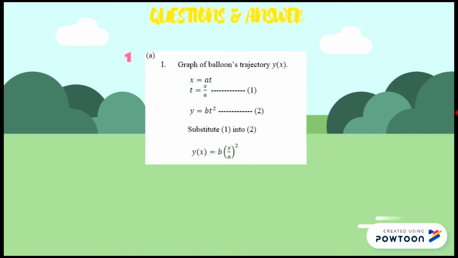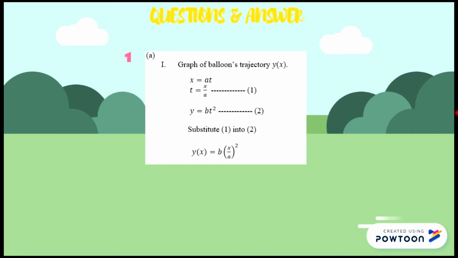So look at the solution here. Graph of balloon trajectory, y against x. First, they are given x equals at, so we need to derive t equals x divided by a.